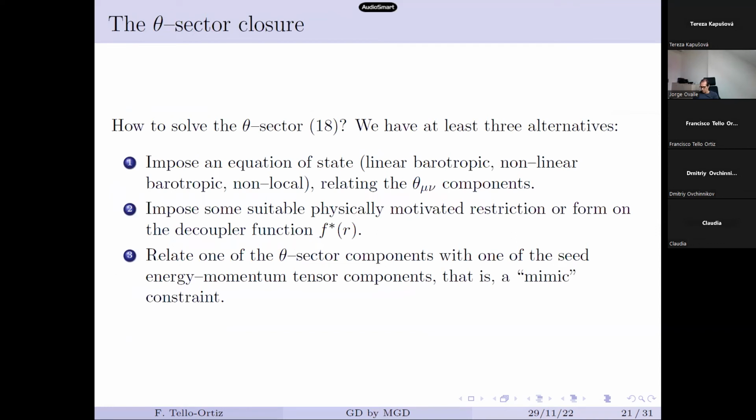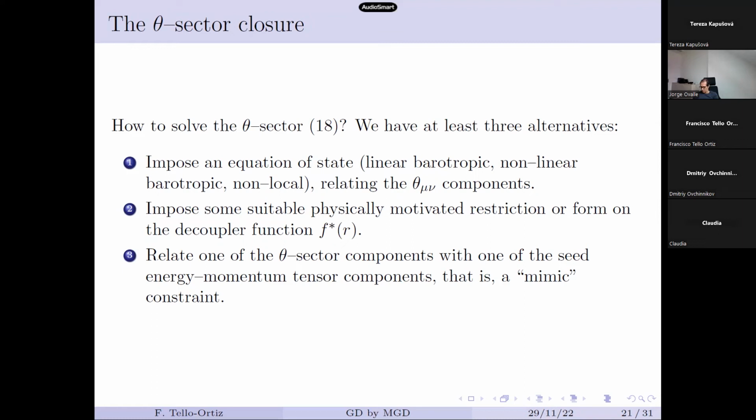Then the question is how to solve the theta sector, because we have three equations, four unknowns, because these three equations are leading to the conservation equation. Then the conservation equation is a linear combination. We cannot use it, okay?